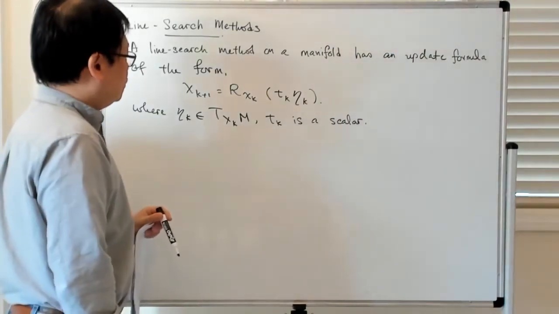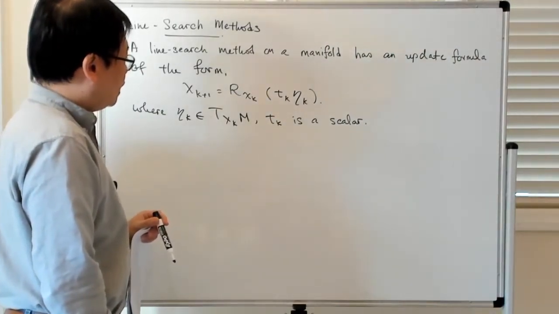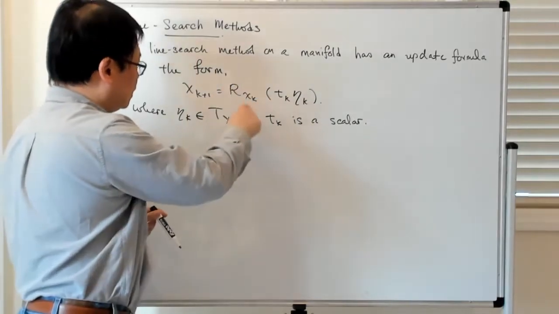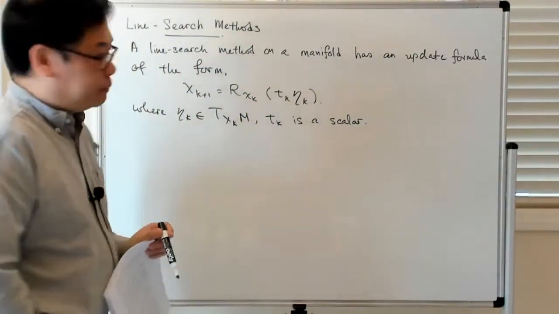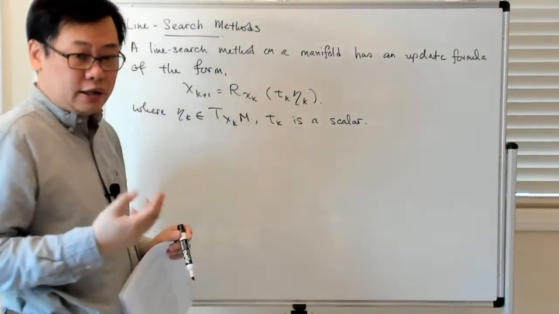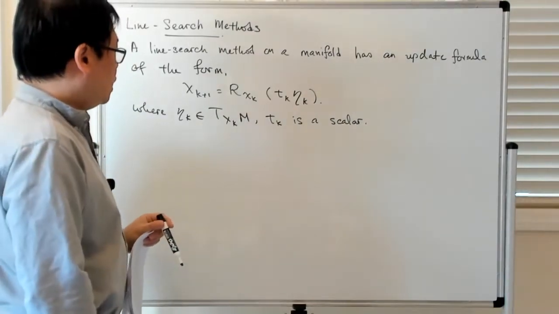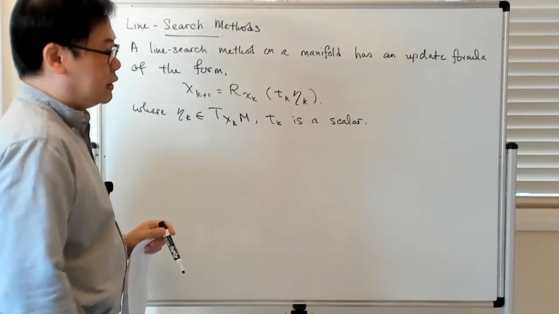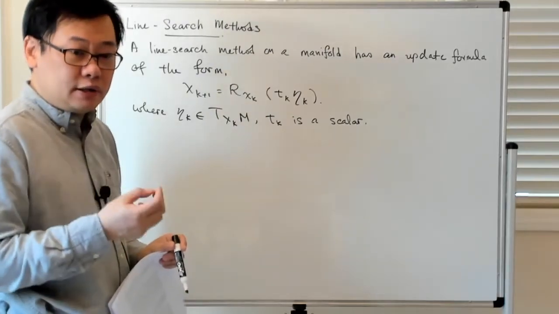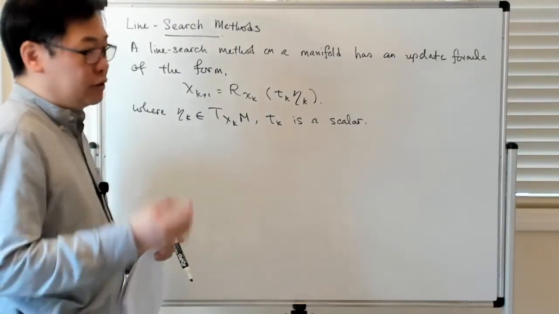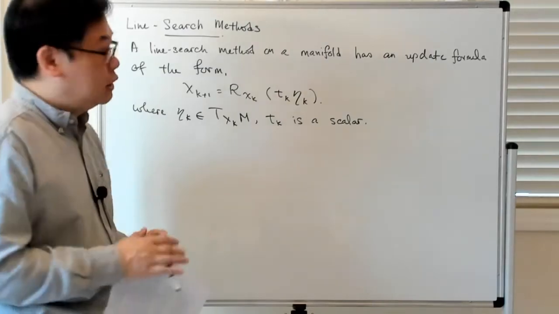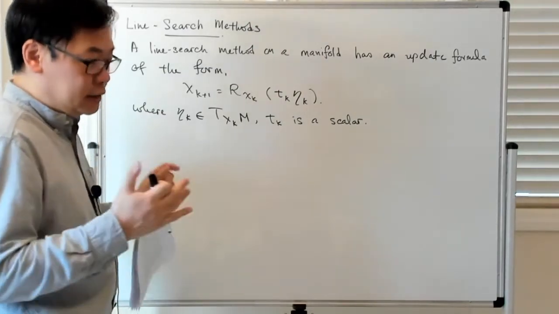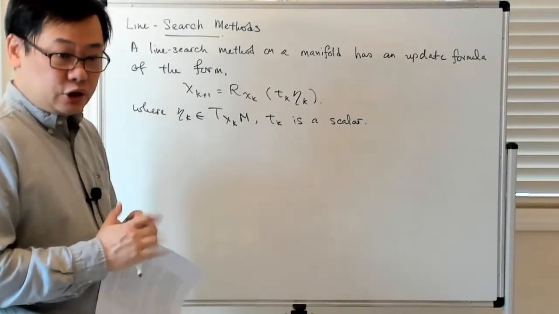The definition of the retraction, in particular the rigidity condition, is a way of capturing the essential properties of the Riemannian exponential, which end up being critical in trying to prove that these line search algorithms actually converge.